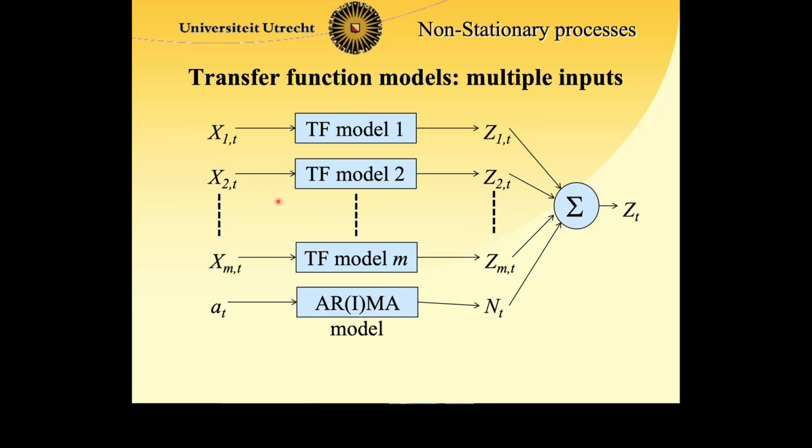So what you typically then do is decompose the total time series into different transfer components and an ARMA model to simulate the residuals. This could, for instance, be precipitation minus evaporation. This could be the pumping rate of a nearby pumping station. And this could be the nearby river levels.